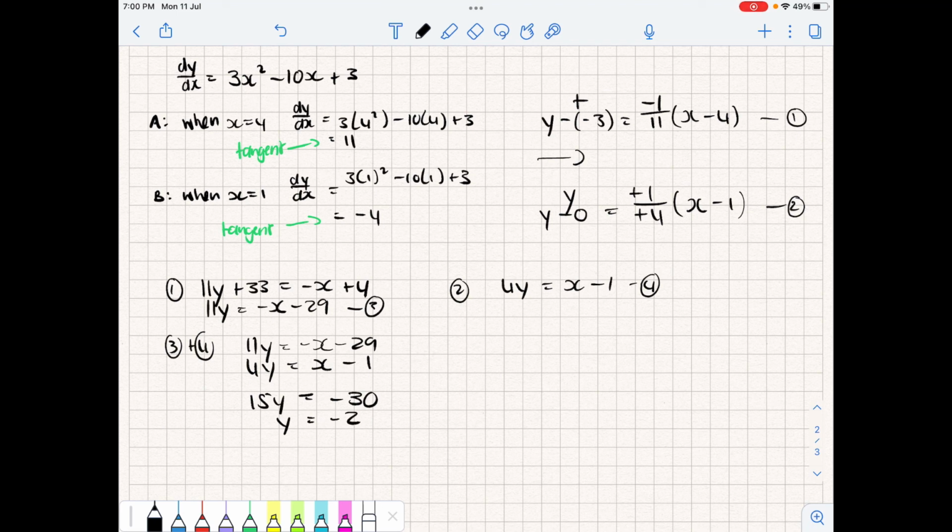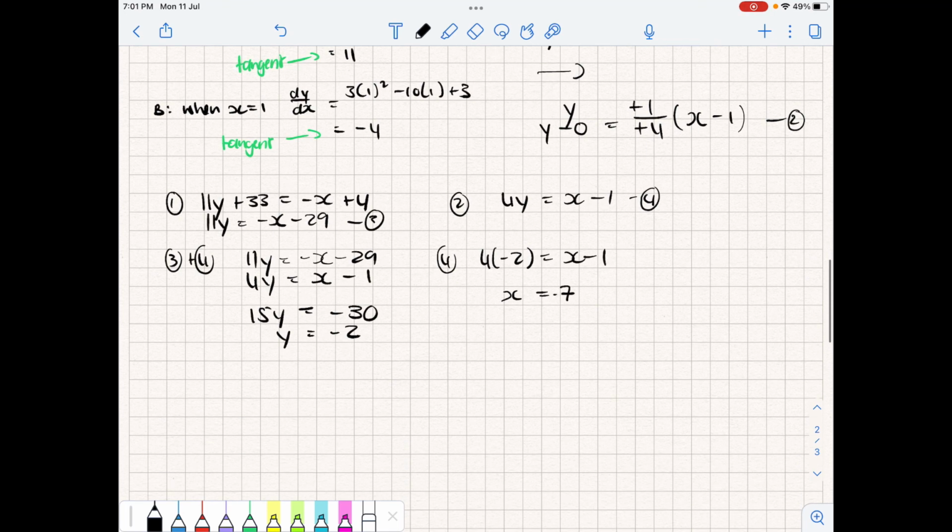And now I can just substitute back into either equation and I can find the x-coordinates. I'll use equation 4. So 4 times minus 2 must be equal to x minus 1. So that means that x has to be equal to negative 7. So point C is the point minus 7, minus 2.